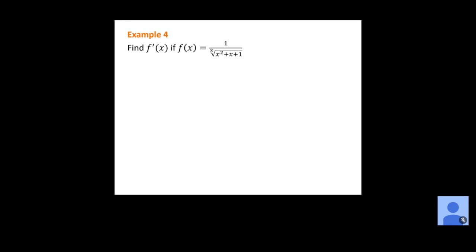So we could change this first off to f of x is just 1 over x squared plus x plus 1 to the 1/3 power, right? So that cube root there, we can change it to a fractional exponent, so it becomes a 1/3.